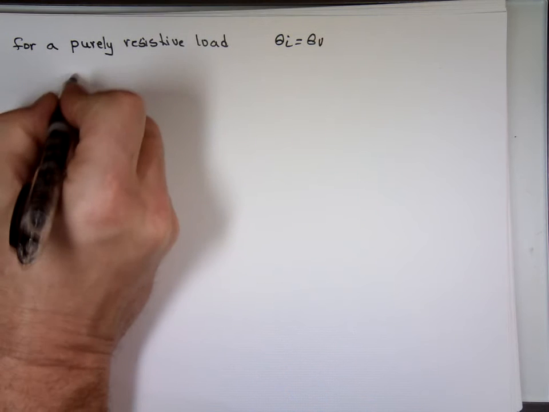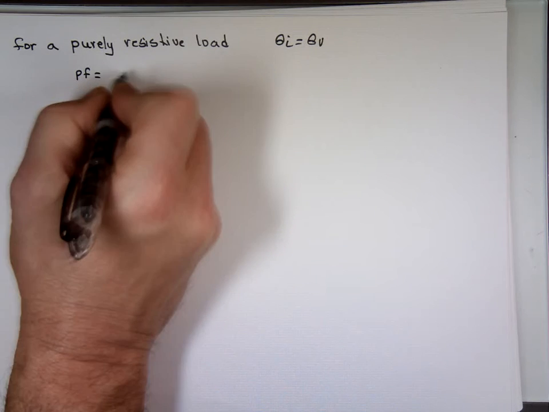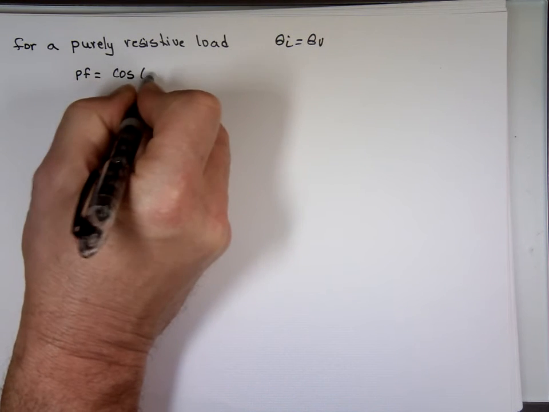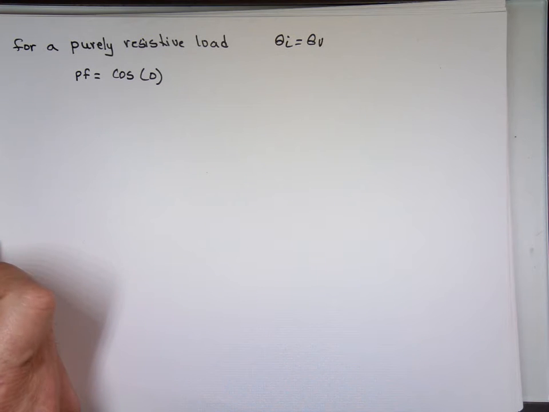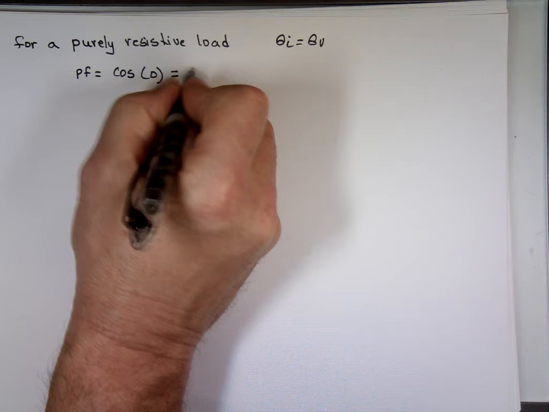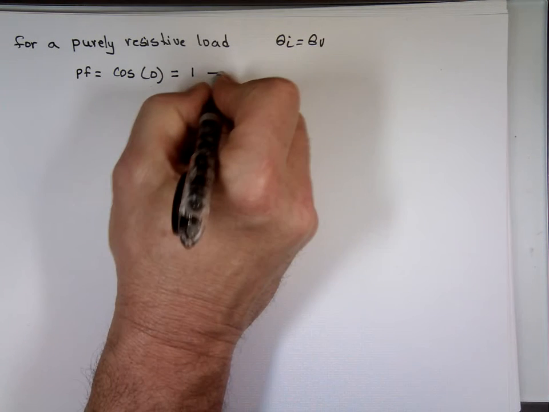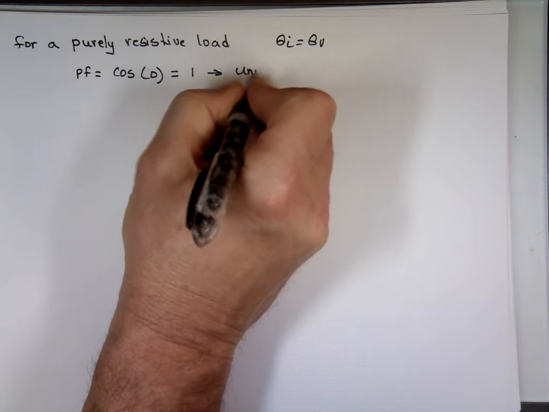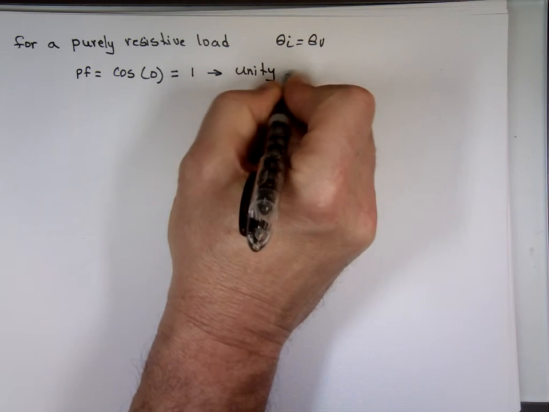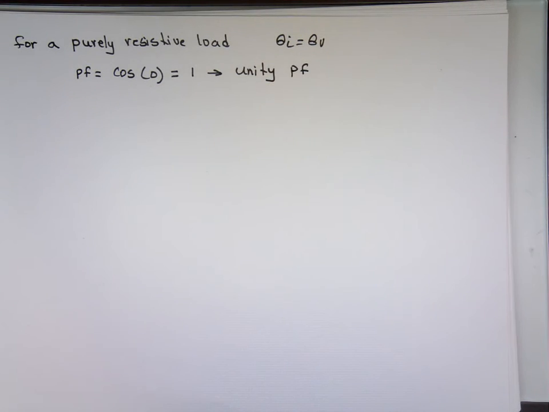So the power factor in that case will be what? Cosine of 0. The difference between them is going to be 0. And what's cosine of 0? It's 1. So you have a unity power factor, a value of 1.